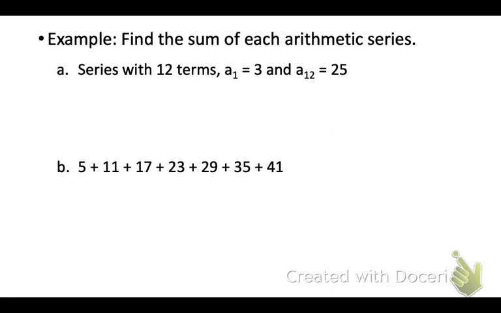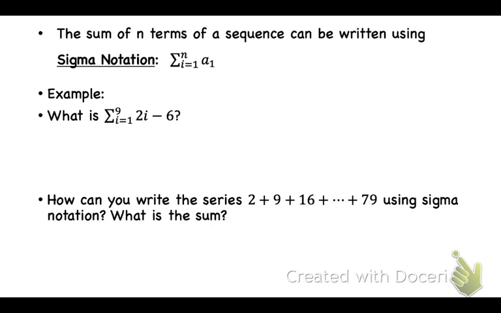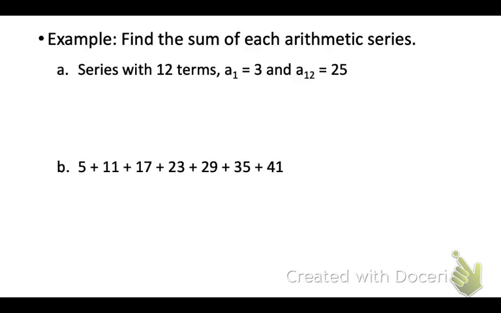Okay, it says find the sum of the arithmetic sequence. There's 2 of them. My equation is S sub n equals n over 2 times a sub 1 plus a sub n. So the first one is S sub what? 12, because it says 12 terms.